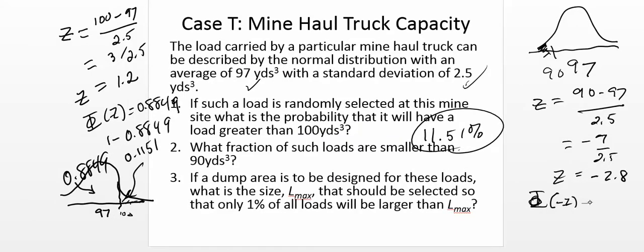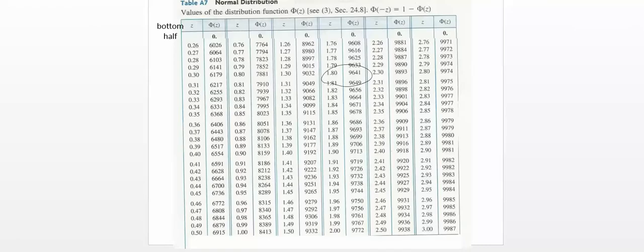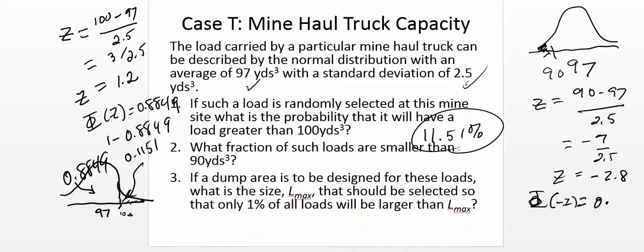So we'll go back to our problem and use 0.9641. Phi of minus z equals 0.9641. But clearly the 0.9641 is this portion, and we wanted the opposite.